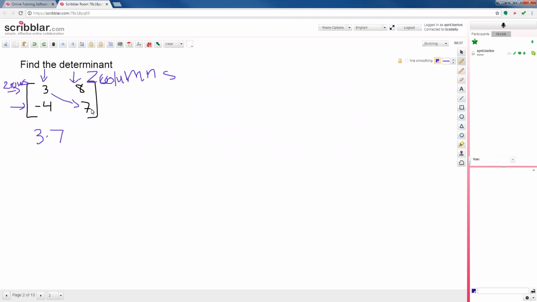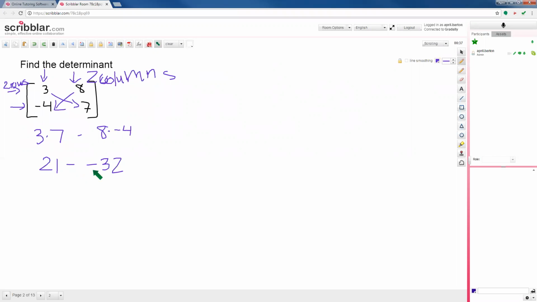You multiply going in this direction, 3 times 7, and then multiply going in the other direction, 8 times -4, and then we subtract those 2 numbers. So 3 times 7 is 21, 8 times -4 is -32, and that does come up with this minus -32.